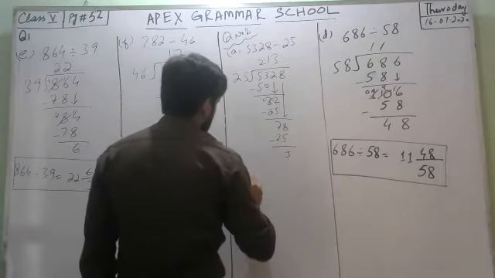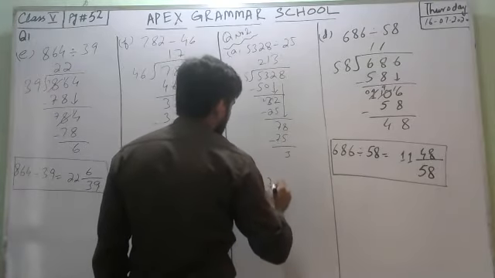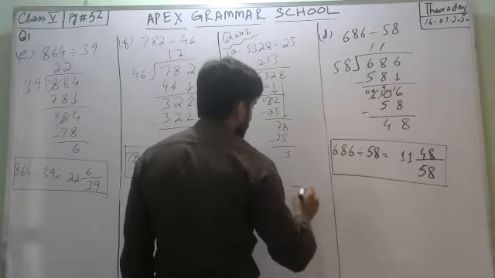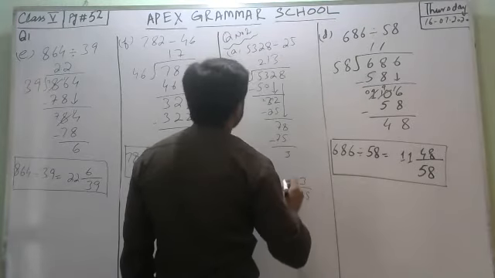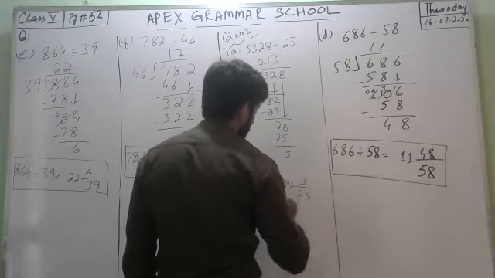So 5328 divided by 25 equals to divisor, remainder, quotient.